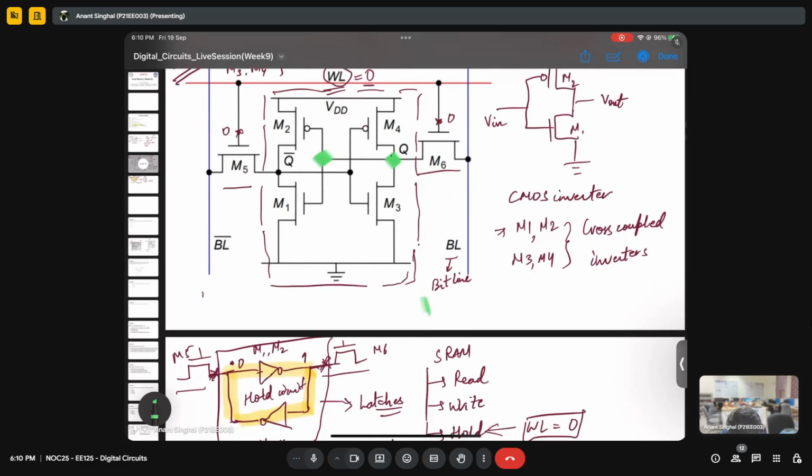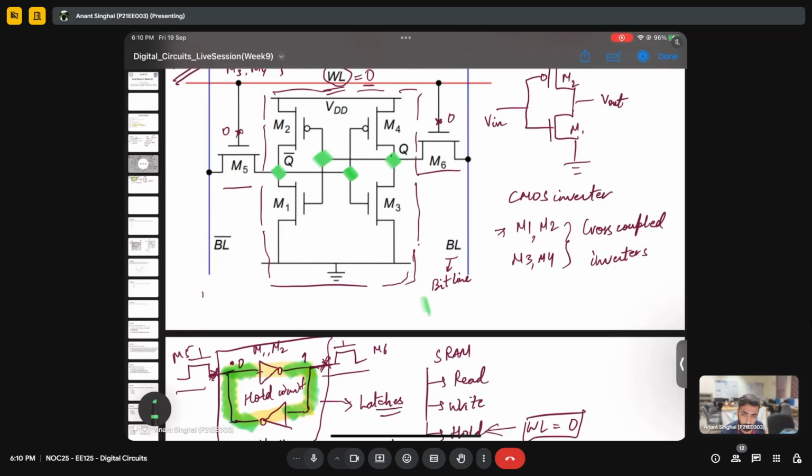The input of the M1 M2, which is this connection, is connected to the output of M3 M4. Do you understand this? Yes, sir. Similarly, if you see here now, the M3 M4 input is connected to the M1 M2 output. Hence there is this connection.